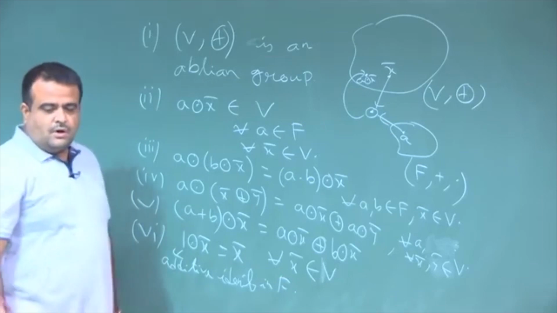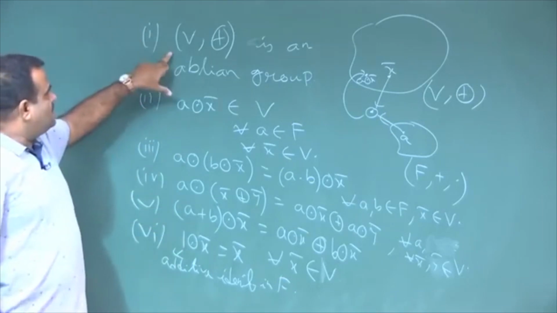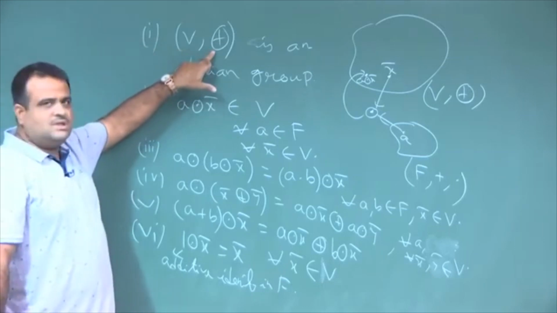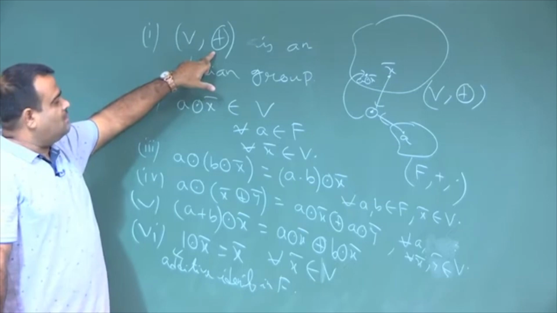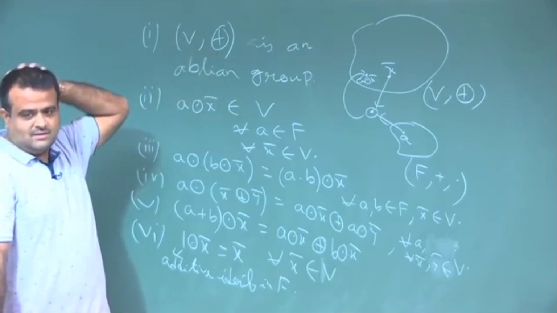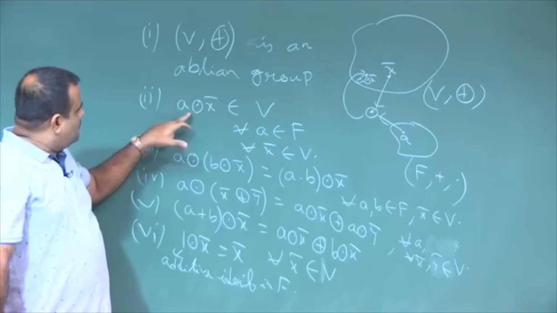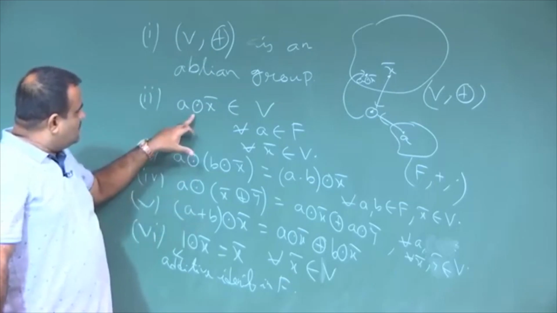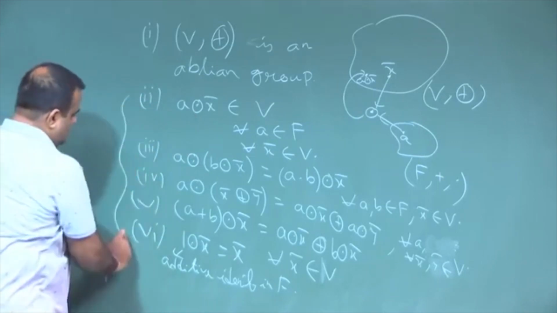Okay. So, if all these properties are satisfied, V has to be an abelian group with this binary operation plus, which is called vector addition. And then on the scalar multiplication, we should have these properties.